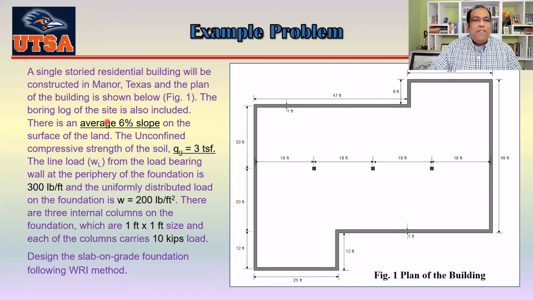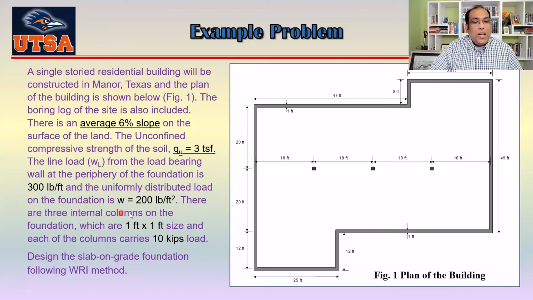There is an average 6% slope on the surface of the land. The unconfined compressive strength of the soil is 3 TSF. The line load from the load-bearing wall at the periphery of the foundation is 300 pounds per foot length, and the uniformly distributed load on the foundation, W, is 200 pounds per square foot.